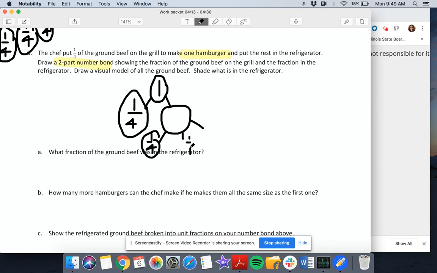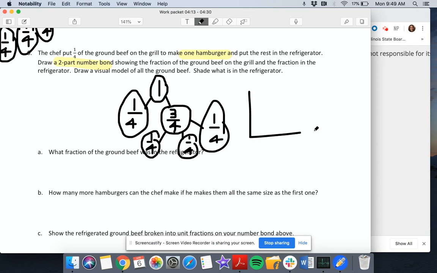So 1/4, 1/4, and 1/4. And remember what we learned about adding fractions? We know that the denominator always stays the same, and our numerator is the one that gets added. So 1, 2, 3. So the chef put 3/4 in the fridge.